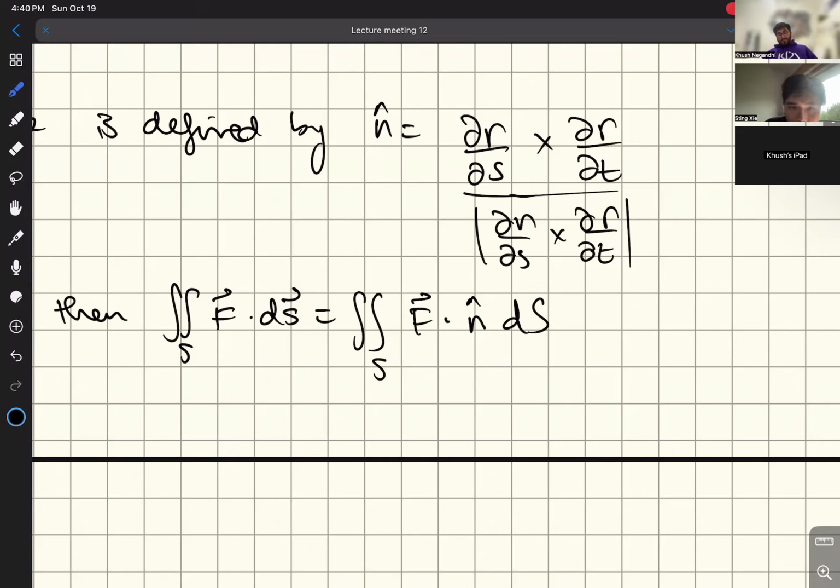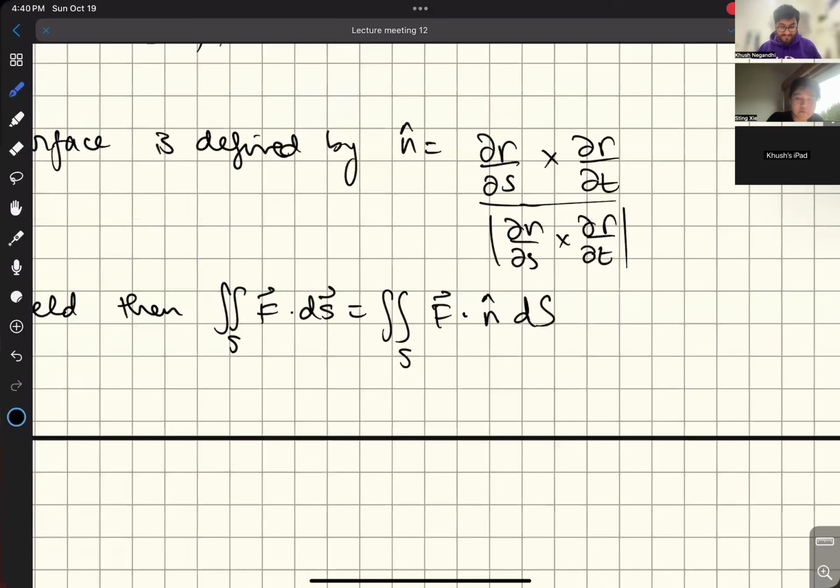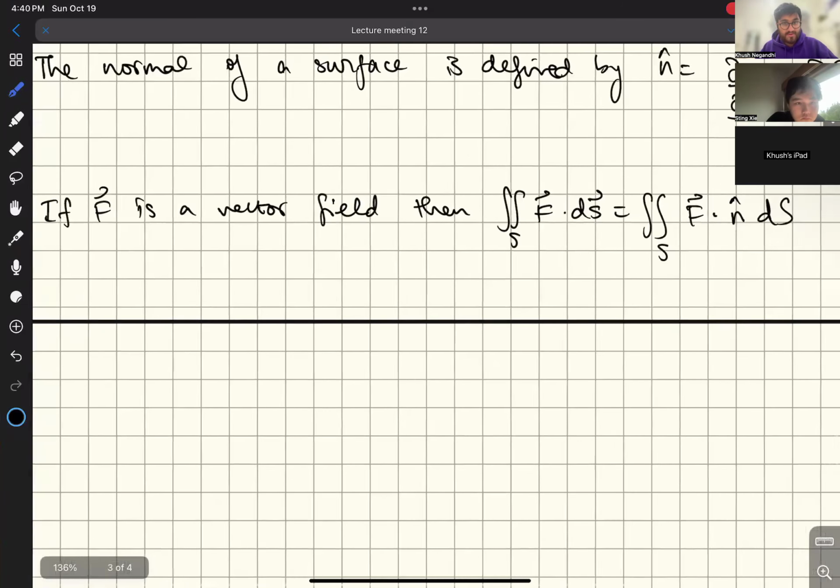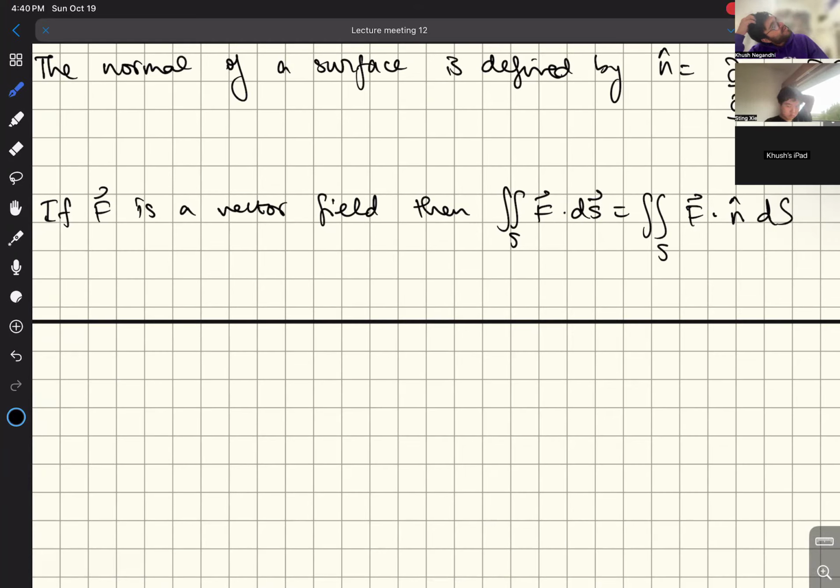Now, let's ask ourselves this question again. Is there an FTC-type theorem for surface integrals? And the answer is yes. But before we define this fully, we need to define the curl.